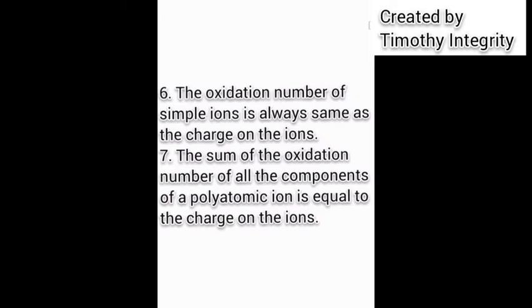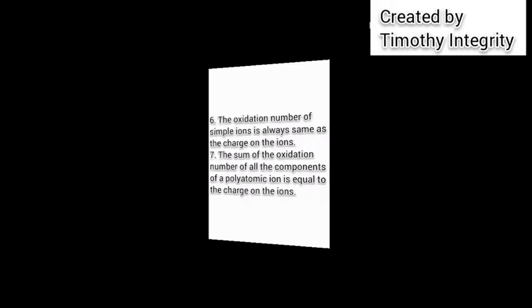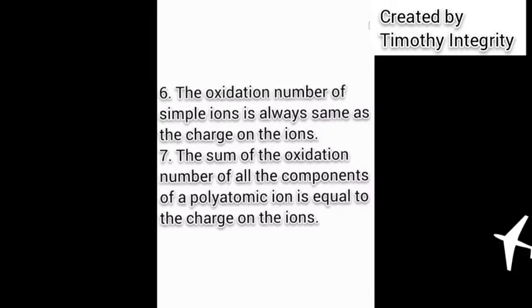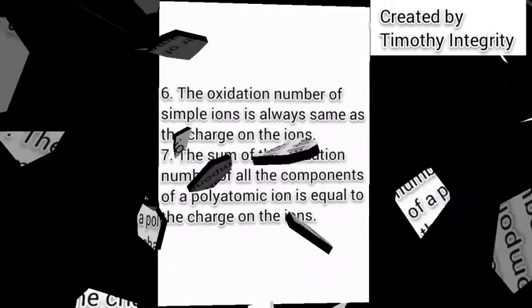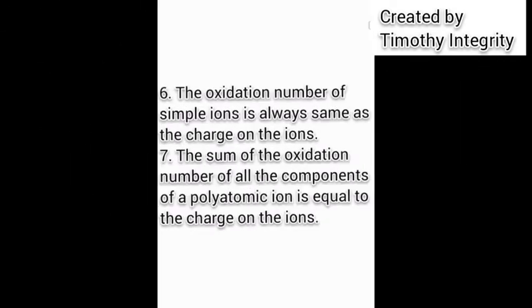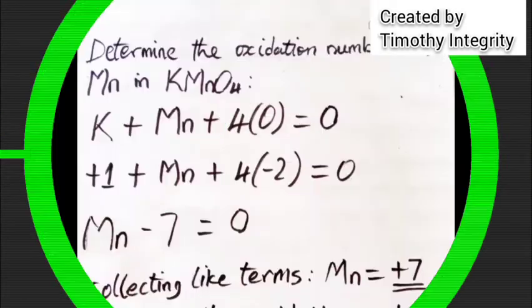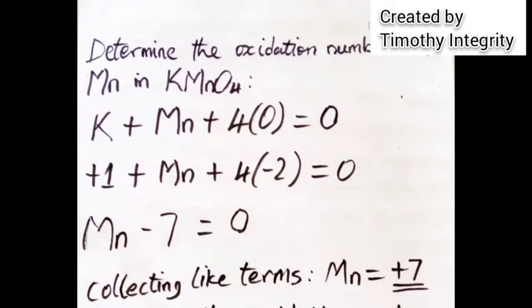The seventh rule states that the sum of the oxidation numbers of the components of a polyatomic ion such as sulfate ion and phosphate ion is the same as the charge on the ion concerned.